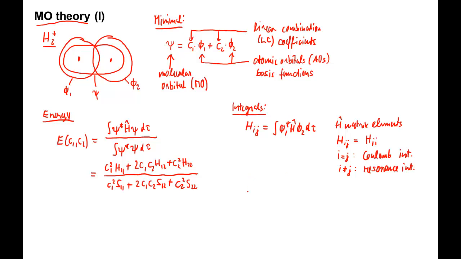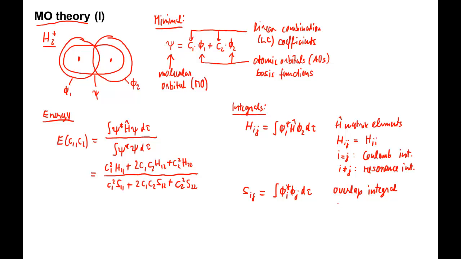The second abbreviation is Sij, which equals the integral over phi i star phi j d tau. This integral is called an overlap integral. It describes the spatial overlap between the two functions phi i and phi j.